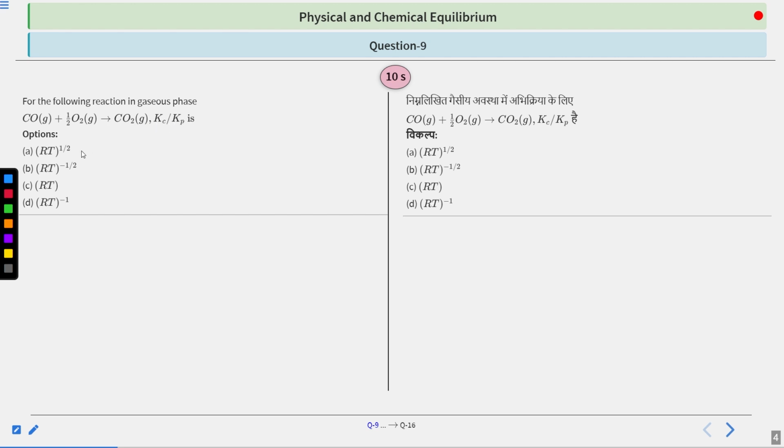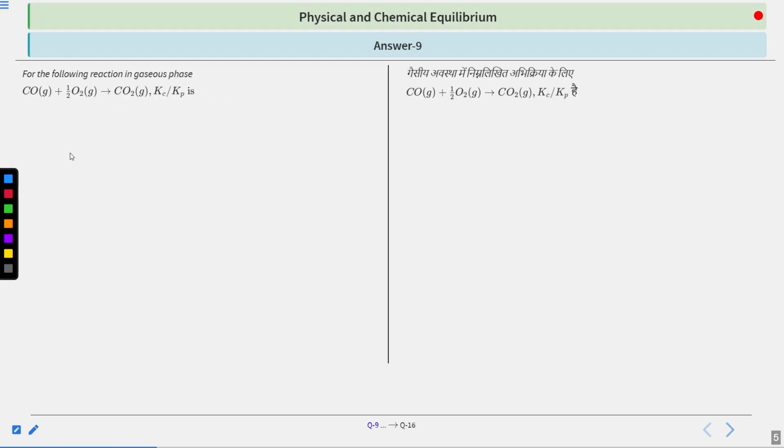Options are A, RT raised to the power 1 by 2, B, RT raised to the power minus 1 by 2, C, RT raised to the power 1, and D, RT raised to the power minus 1. Your time to solve this question starts now. Your time is up.